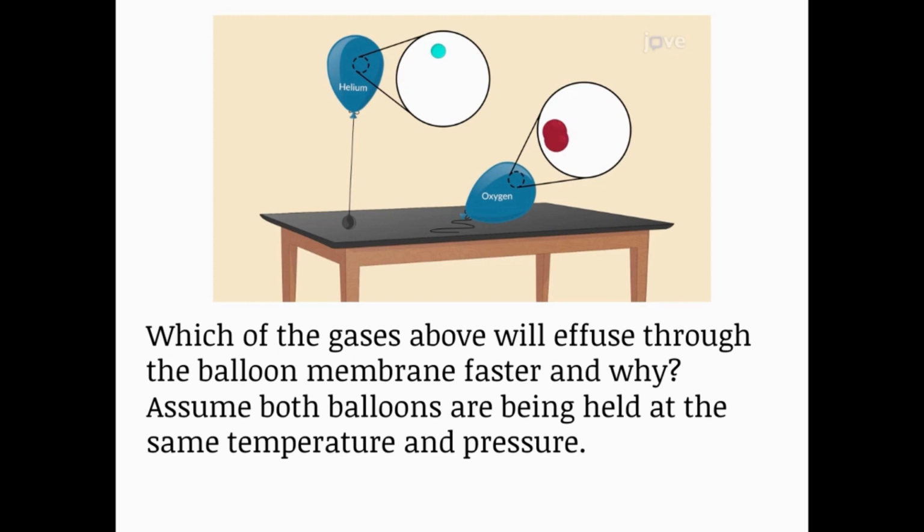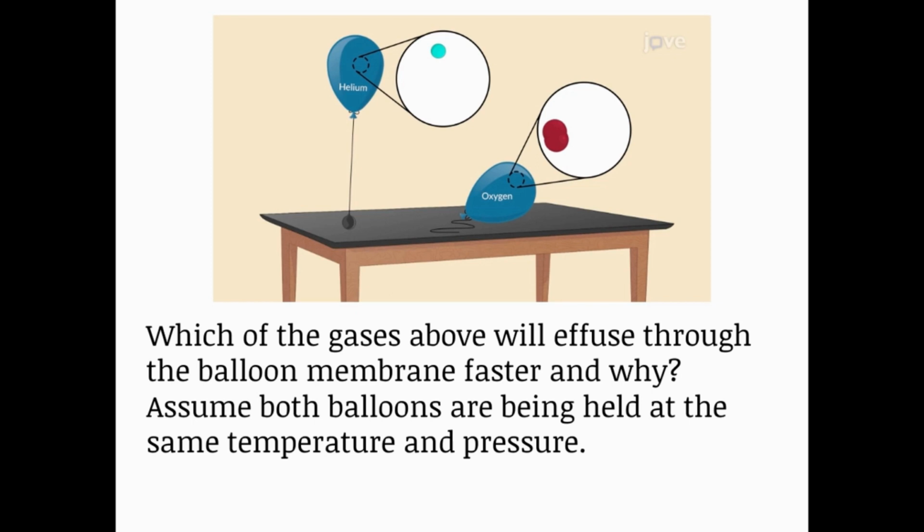So here's a practice problem. We're given a balloon. One balloon has helium and another has oxygen, and the balloons are at the same temperature and pressure. Which gas will effuse through the balloon faster, and why? The way you do this is look at their molar mass. That's your first step.